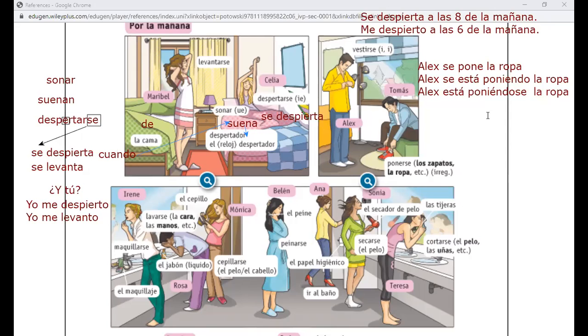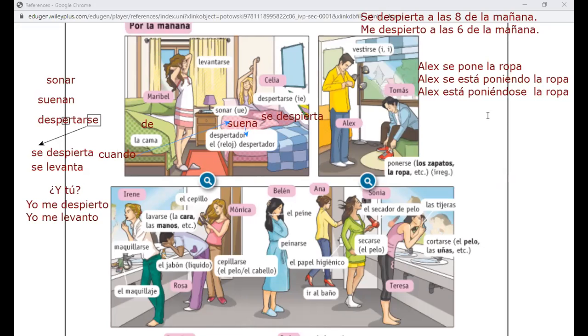¿Quién se está poniendo la ropa? Alex se está poniendo la ropa. ¿Quién está poniéndose los zapatos?